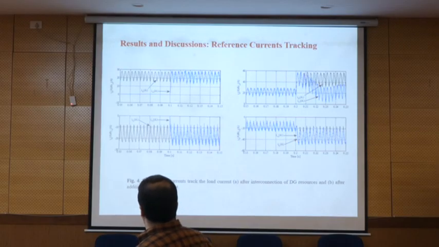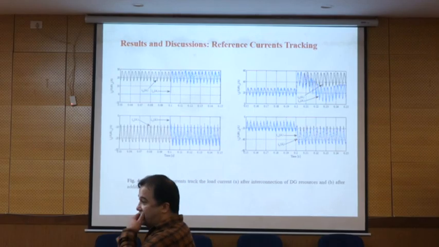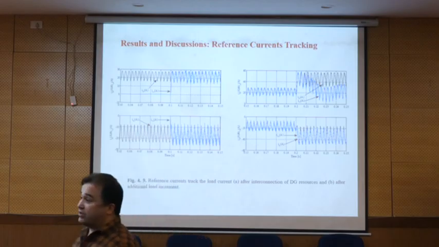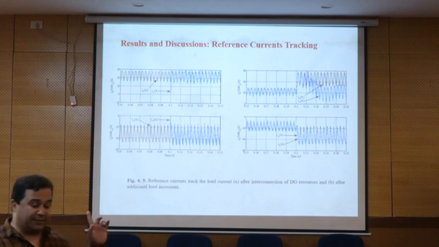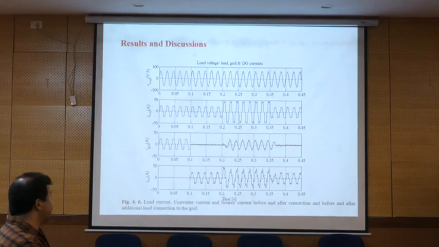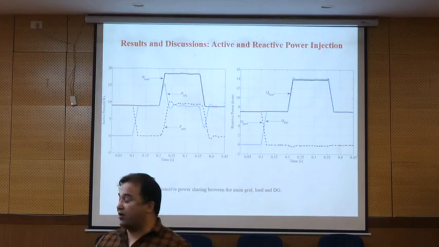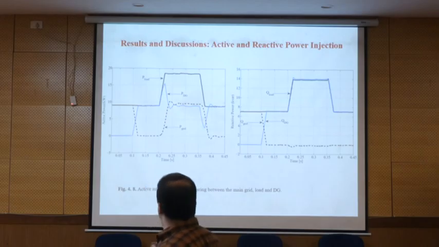When we increase the load, the active part and harmonic can be compensated, but then the load current and the converter current have a gap. This distance is the fundamental frequency part. It can compensate all the reactive, all the harmonic, and some part of the active power, but not all of it.